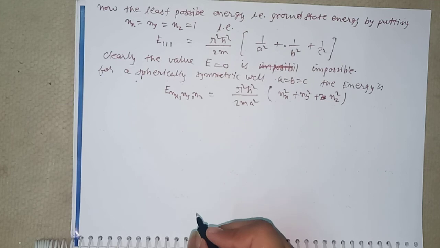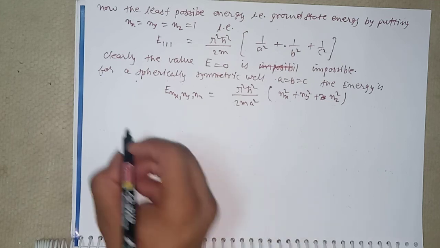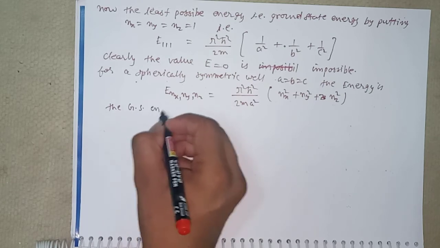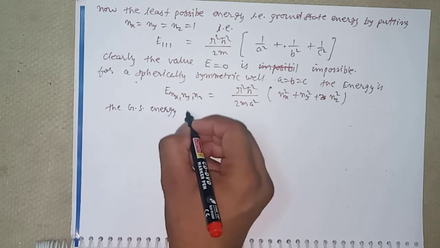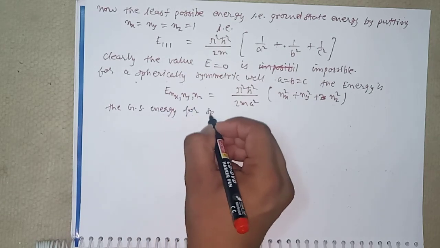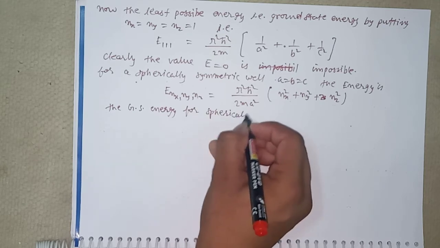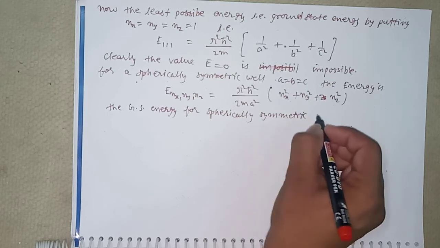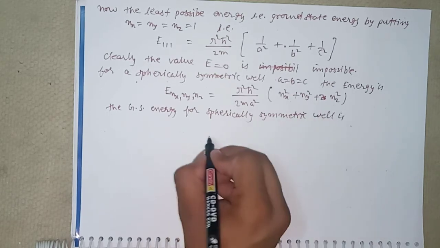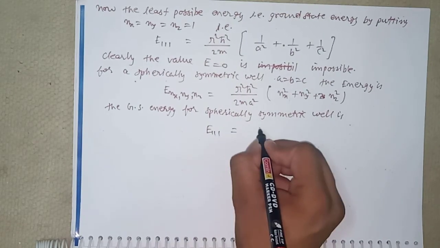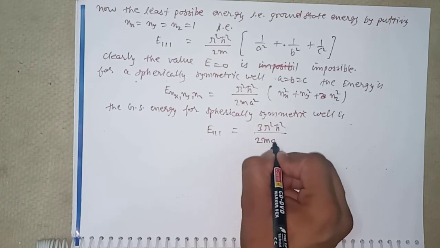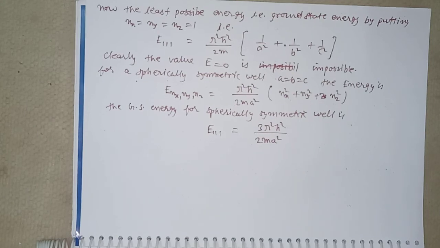The ground state energy for a spherically symmetric well is E111 is equal to 3 pi square h cut square over 2m a square.